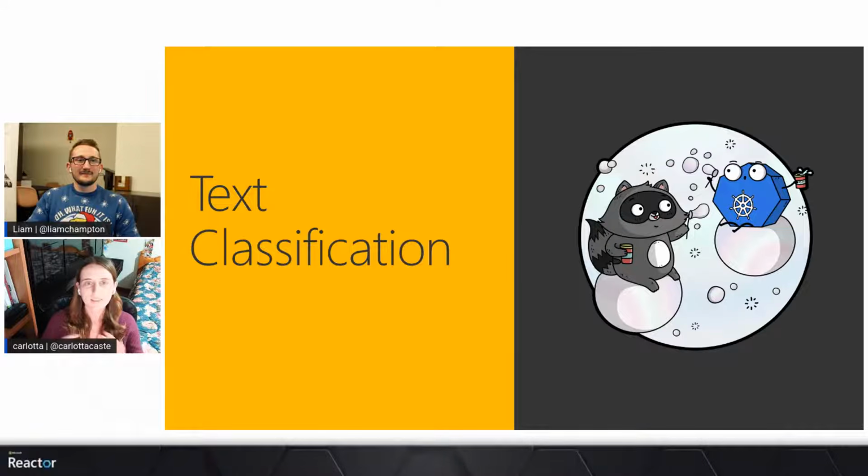But let's reveal a little bit what's behind the hood of all what we said so far. In particular, let's focus on one application of natural language processing, which is text classification, because we are going to do a brief demo around doing text classification in ML.NET.